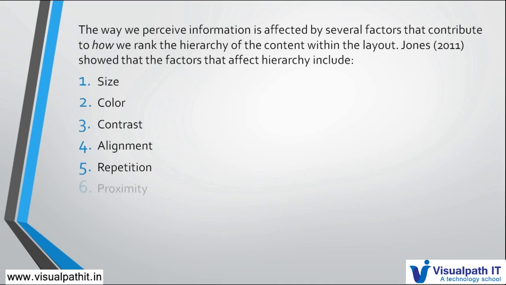Next, proximity. How closely we place design elements to each other tells our users how likely they are to be related. In our list, we have separated items with a single row of white space.